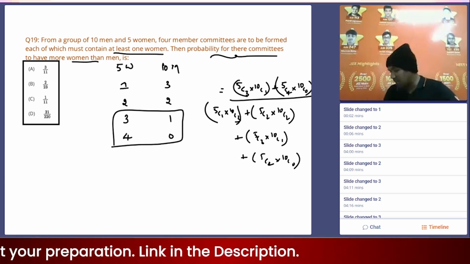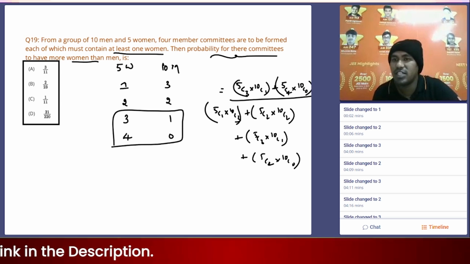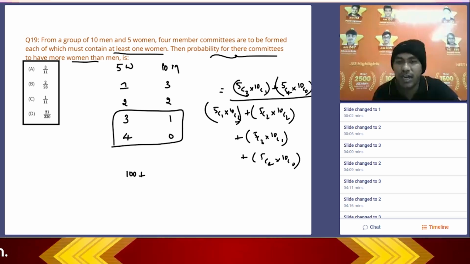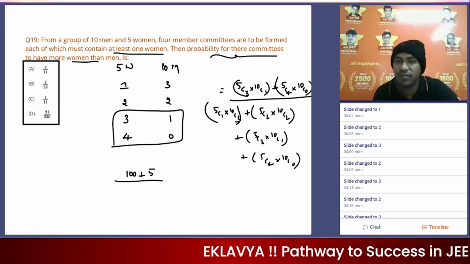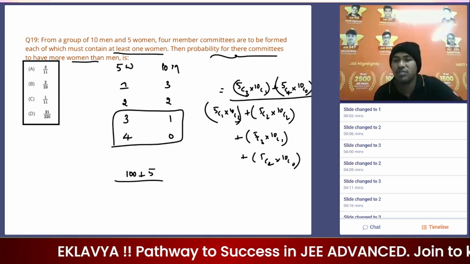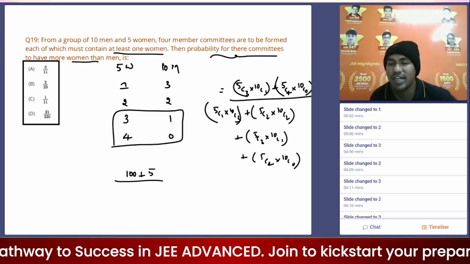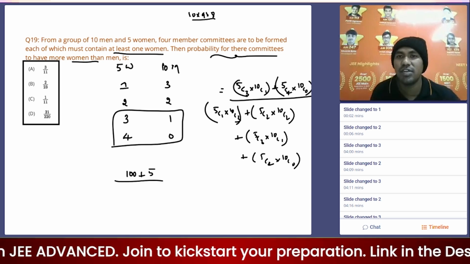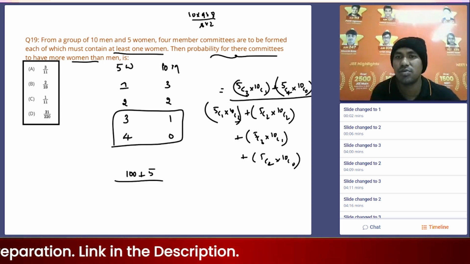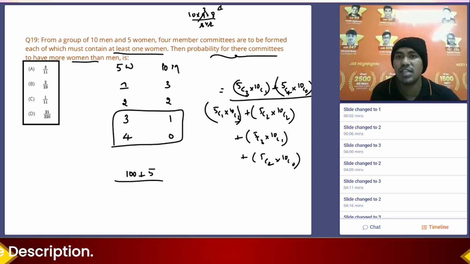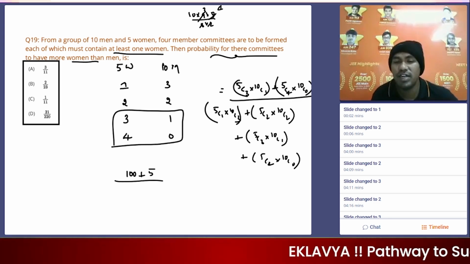Now the 5C3 value is 10, and the 10C1 value is also 10, so 10 into 10 is 100, plus the 5C4 value is 5, 10C0 is 1, so 5. Upon, 5C1 is 5, and 10C3 is 10 × 9 × 8 by 3 factorial, which is 120.